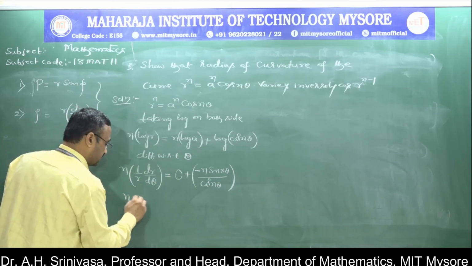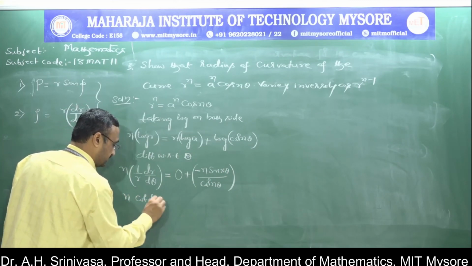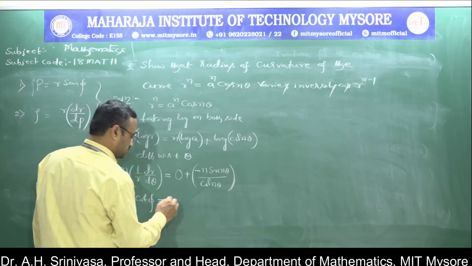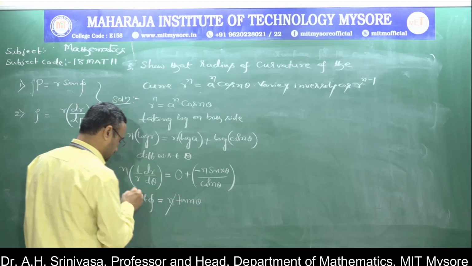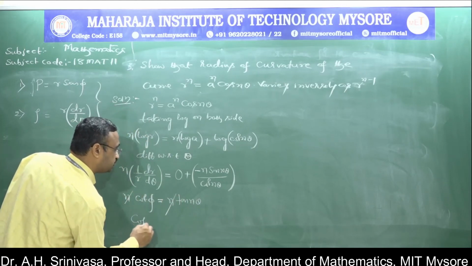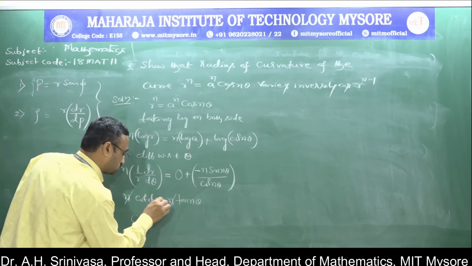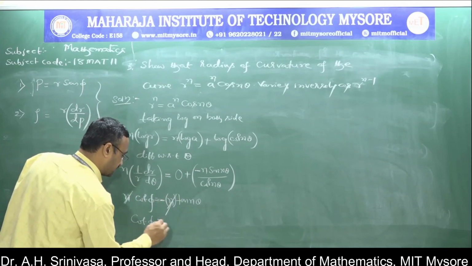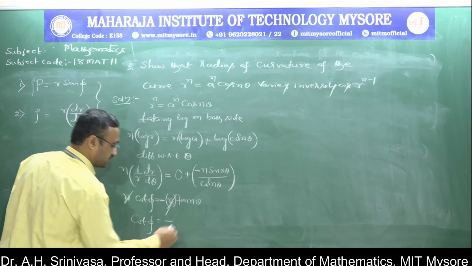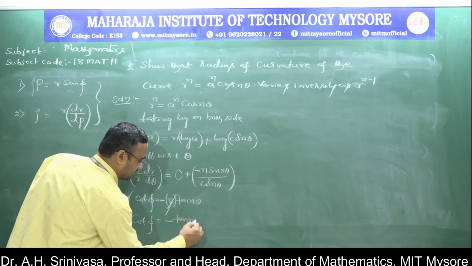Then n cot φ equals n tan nθ with a minus sign. Now these two n will be cancelled, then cot φ equals minus tan nθ.